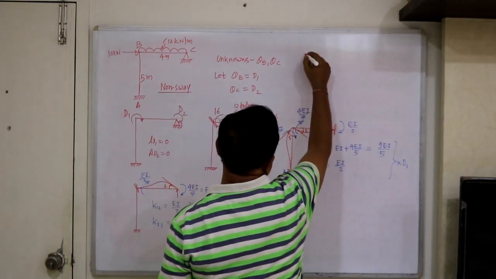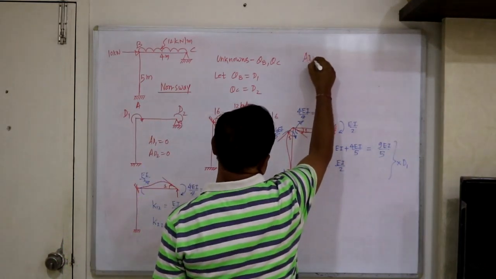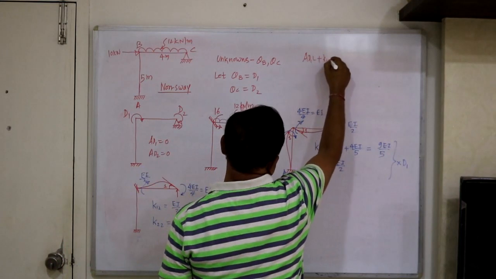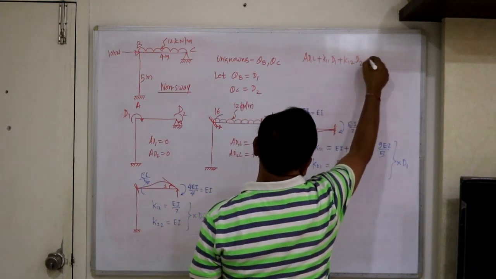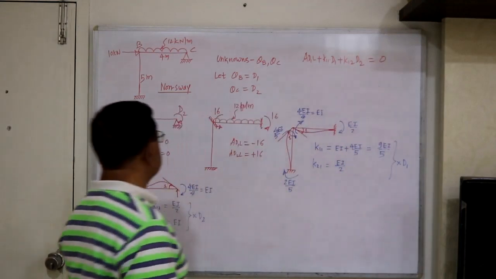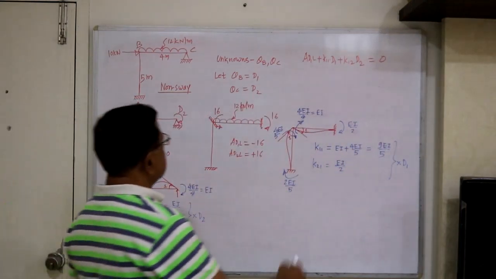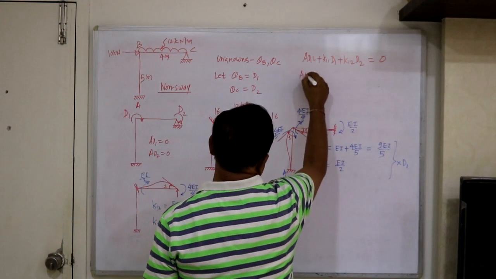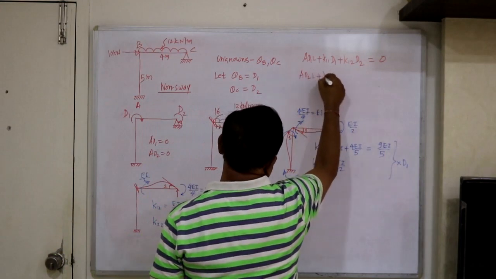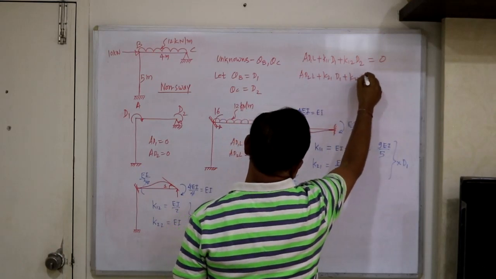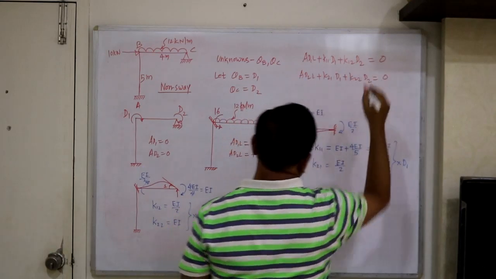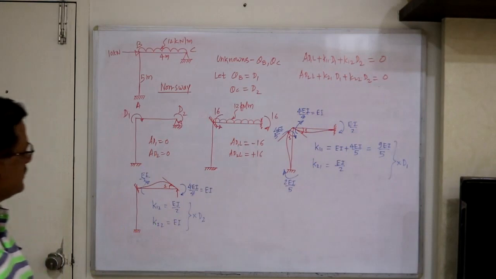Say AD1L plus K11 D1 plus K12 D2 equal to, no original action, therefore 0. Then AD2L plus K21 D1 plus K22 D2 is equal to 0. So substitute the values.